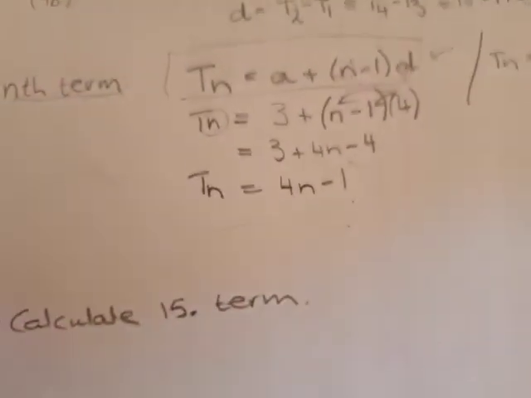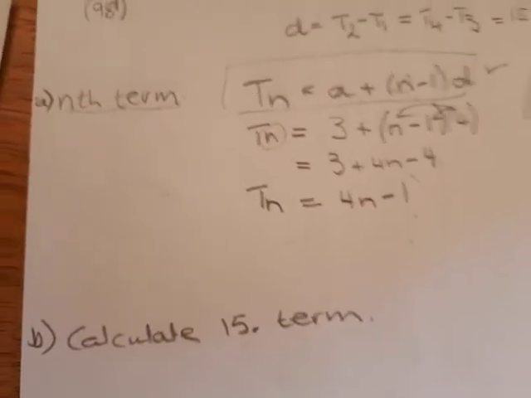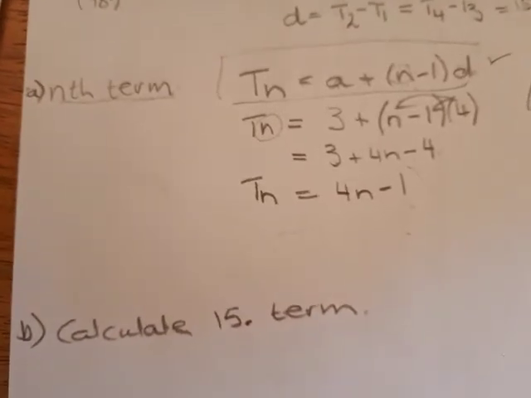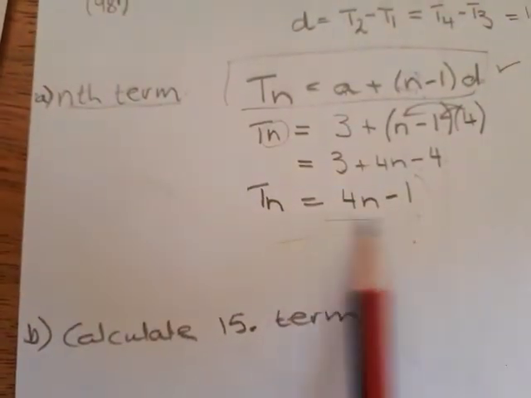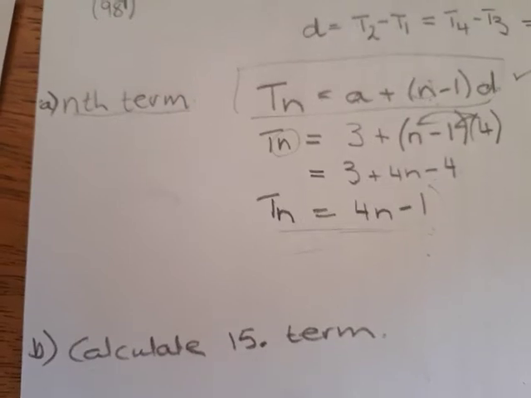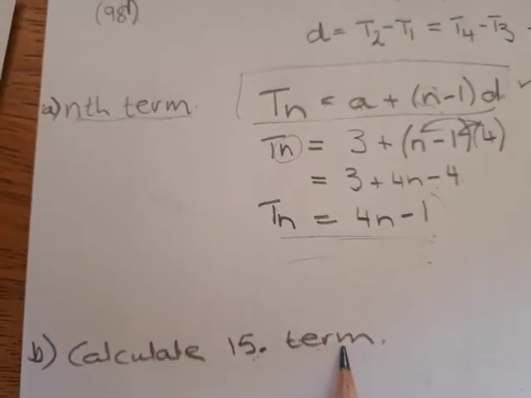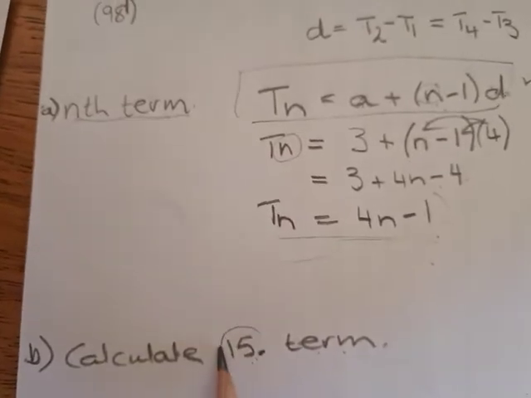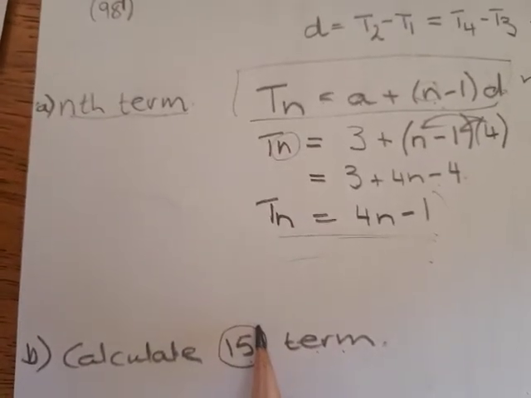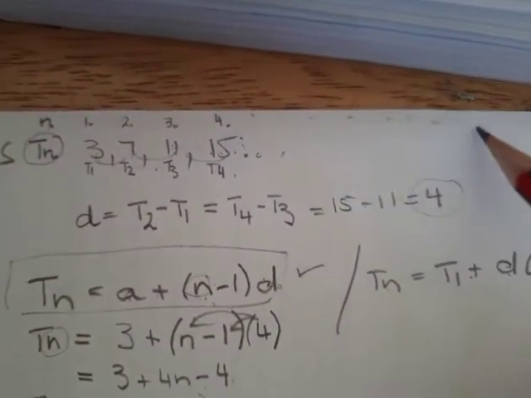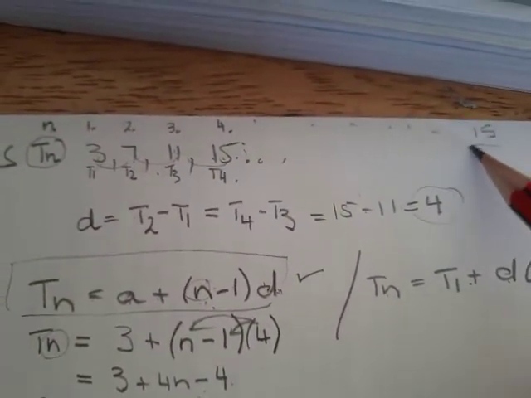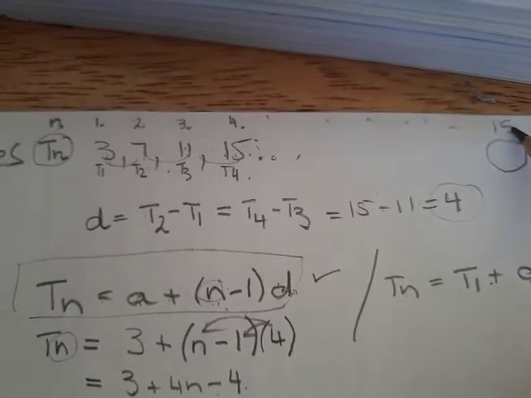Okay. Then another question which they could now ask you, if they are giving you the nth term, is for instance to calculate the 15th term, people, meaning n is 15, isn't it? And they want to know, if you go on writing these terms, which term would be at the 15th position.